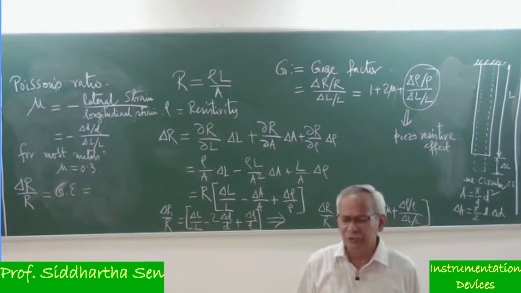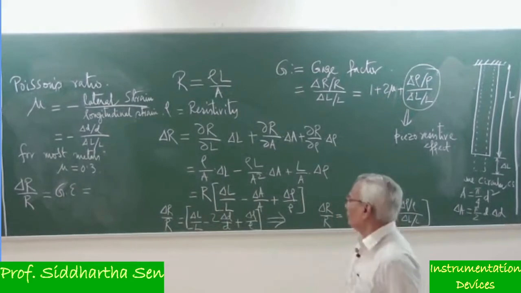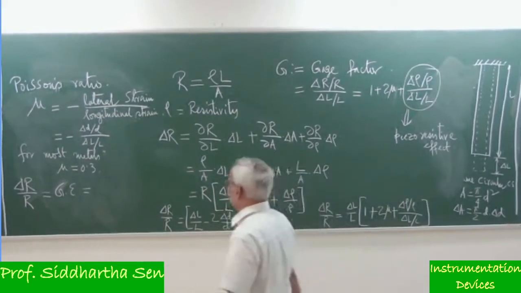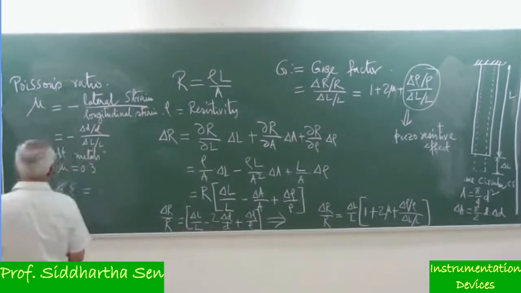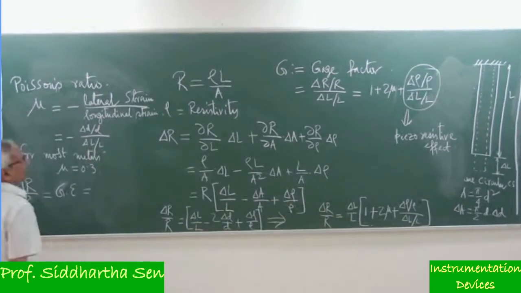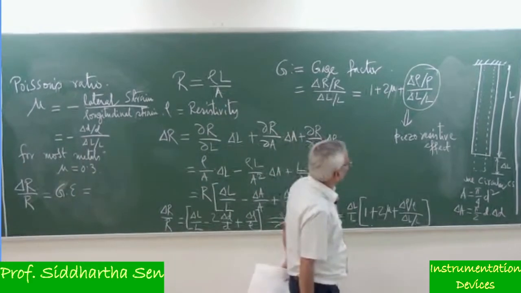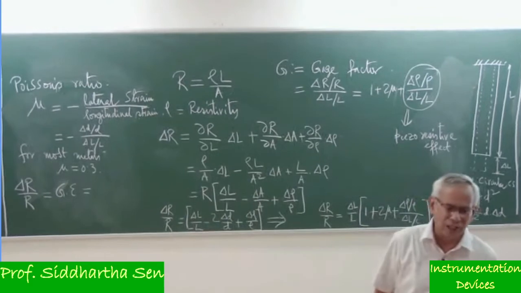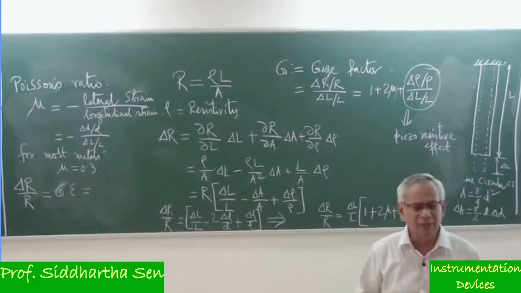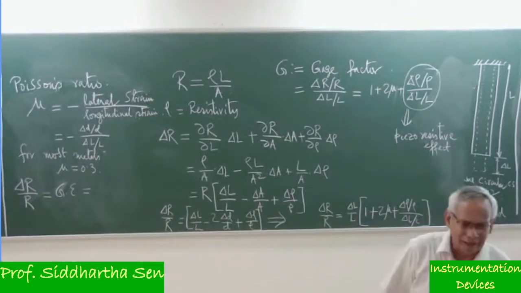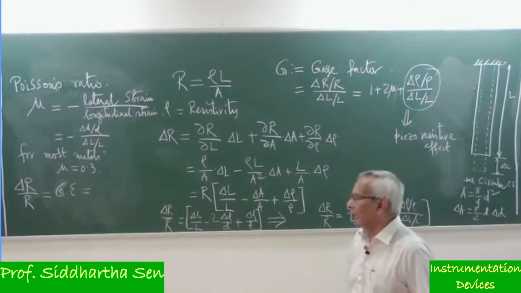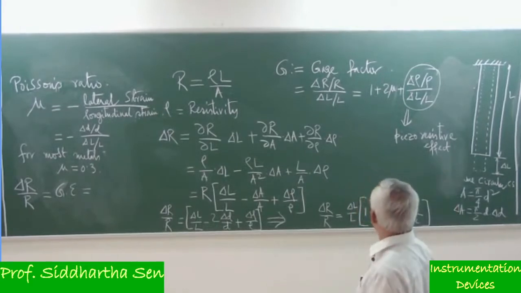So we conclude the gauge factor, which is defined as G is equal to delta R by R divided by delta L by L, is denoted by 1 plus 2 mu plus delta rho by rho divided by delta L by L, and this is basically a material property.